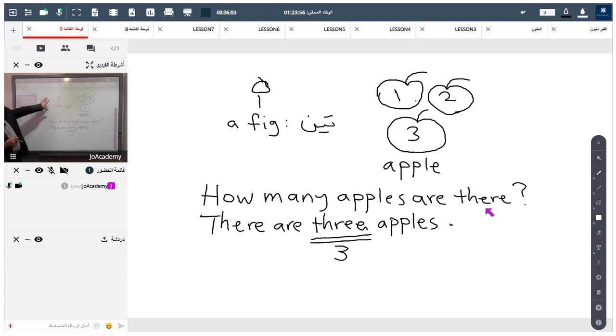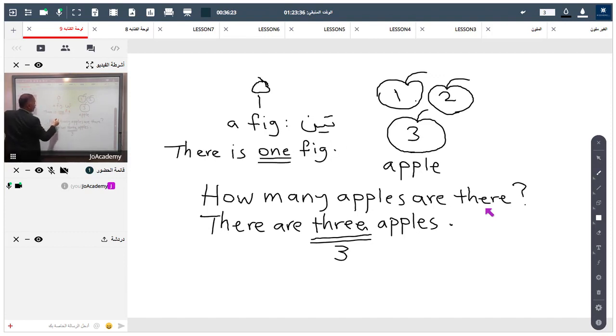Or what can you see here on the board? There is 1 fig. I can see 1 fig.